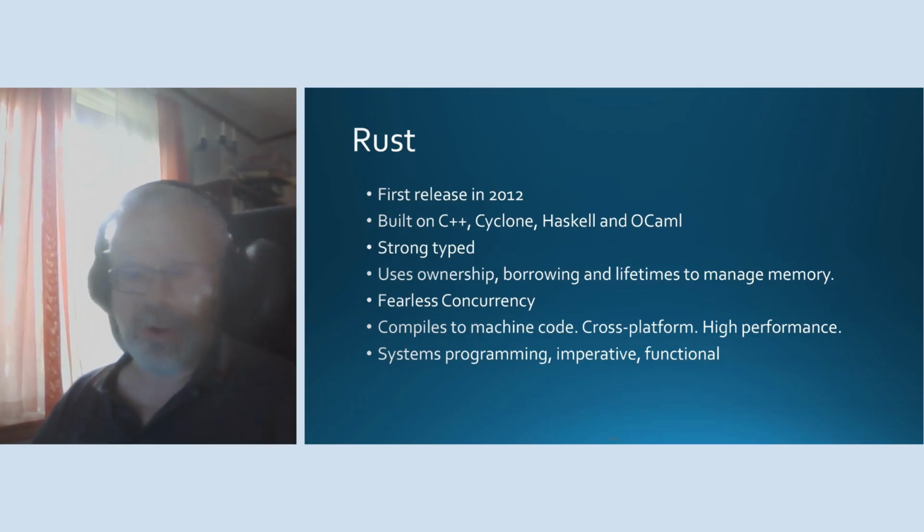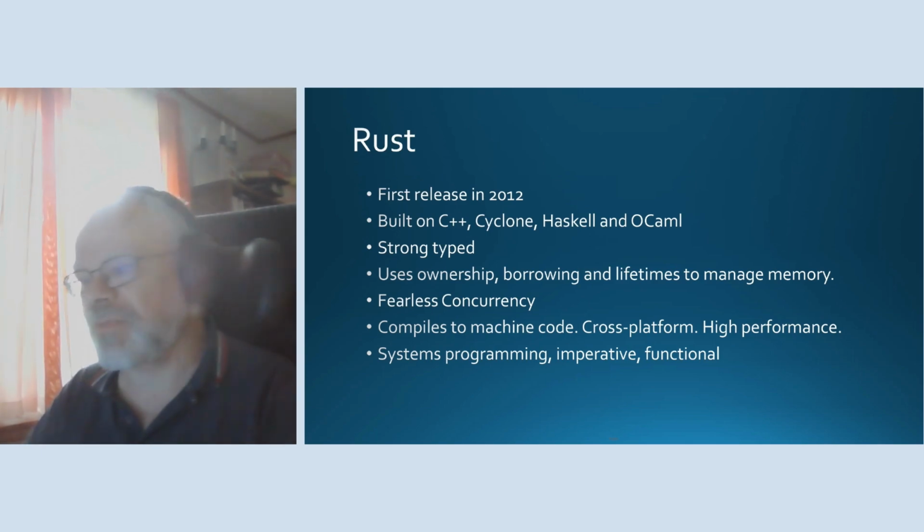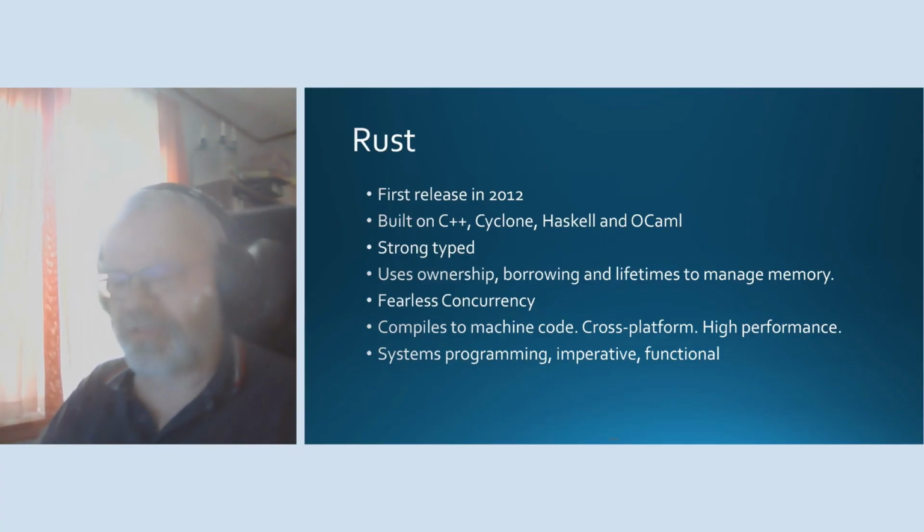Rust is strong typed, and it uses a memory model where you have ownership of memory, and you can borrow memory from other places, and you also have lifetimes defining how long memory should live and so on. We will look into that as well.